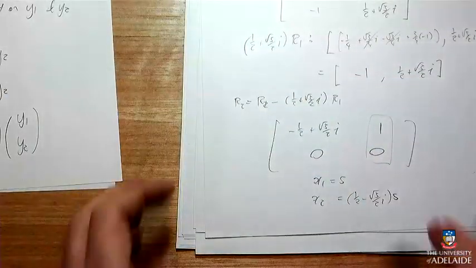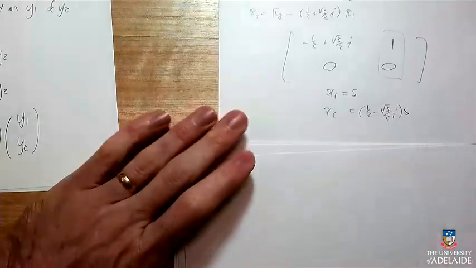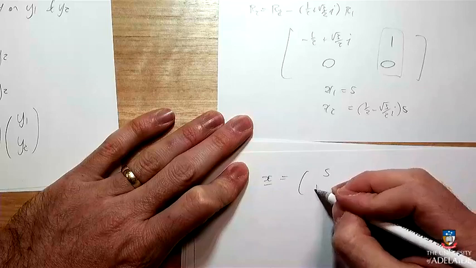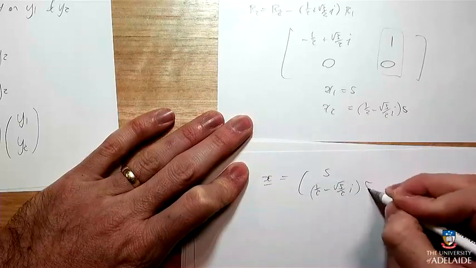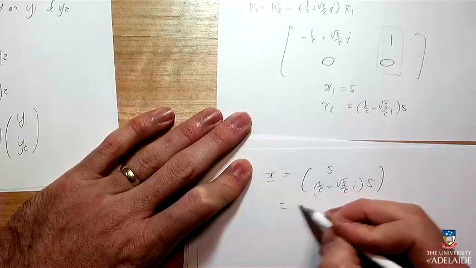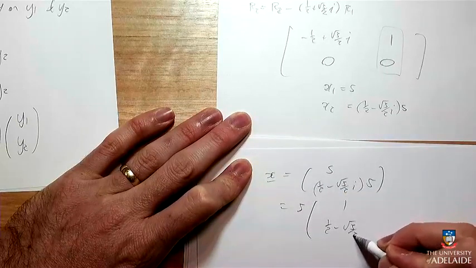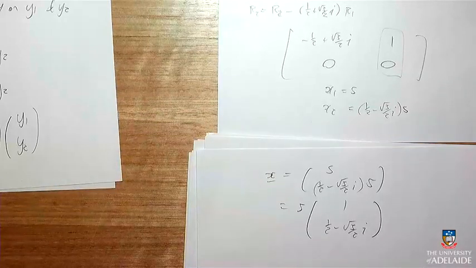So I have to switch the pluses and minuses. Okay, so my eigenvector has come out to be this. Okay, nice.